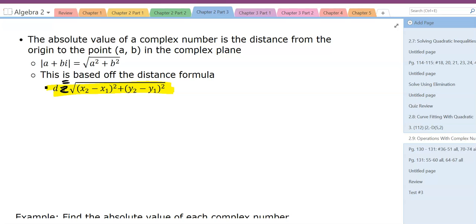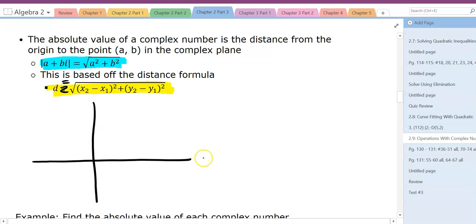The absolute value one up here is when you've got those two pieces, the real number piece and the complex number piece. You put that underneath the square root sign, and you're doing your a squared plus your b squared. So kind of combining these two things together, remember that the real number axis is like where your x-axis is.